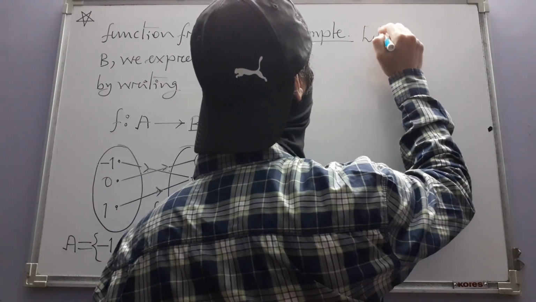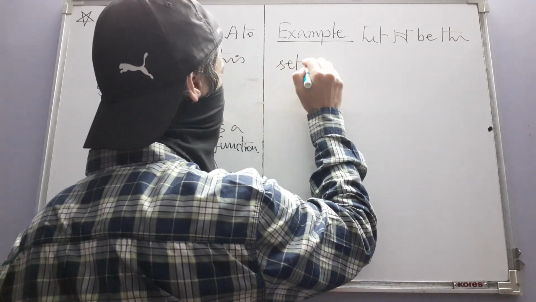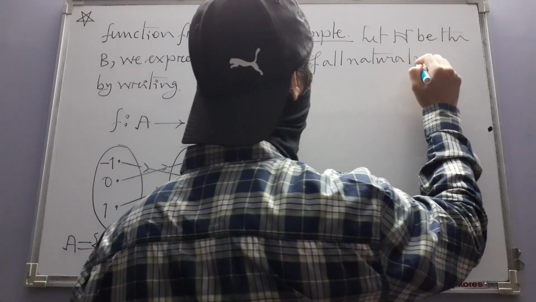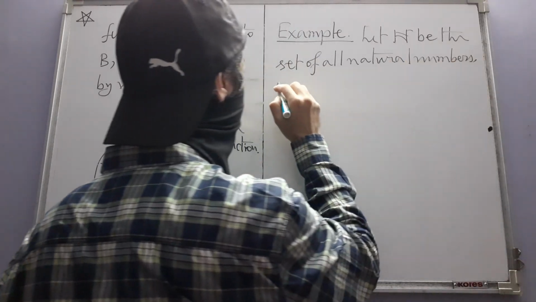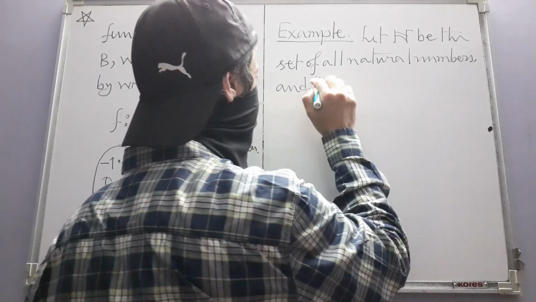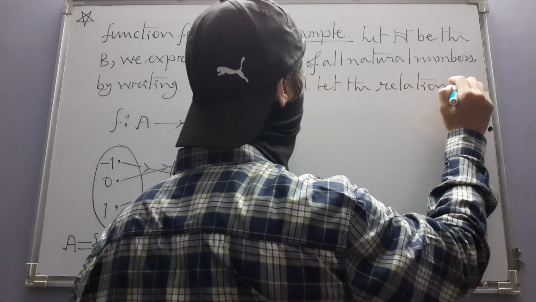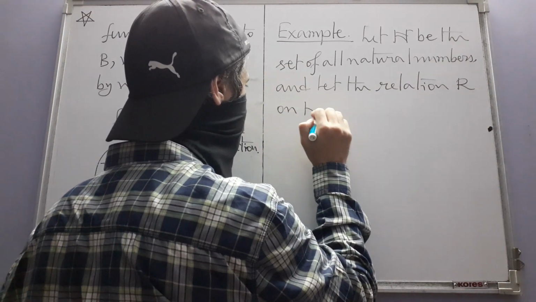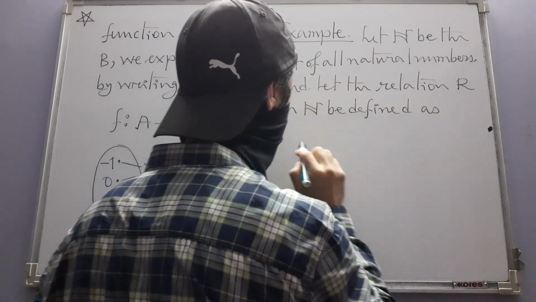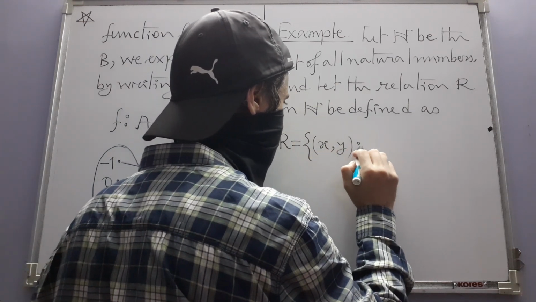Let N be the set of all, of course, it is the set of all natural numbers, and let the relation R on N be defined as R equal to the set of all ordered pairs (x, y).